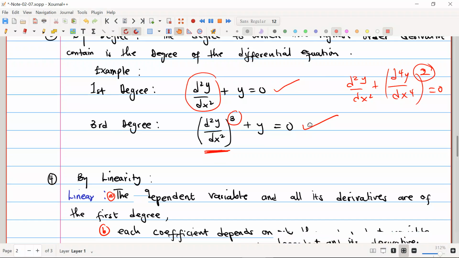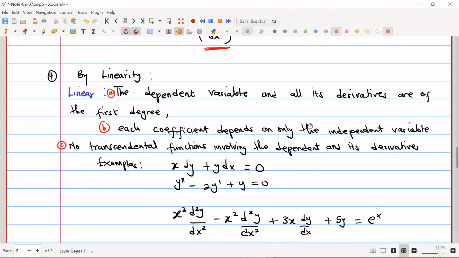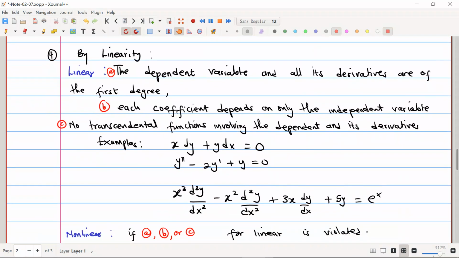Let's go to linearity. We can classify a differential equation as linear or non-linear. Now we said it's linear if the dependent variable and all its derivatives are of the first degree. What it means is the dependent variable y, or maybe in your case you have a u, the power should be 1, or its derivative should have a power of 1.